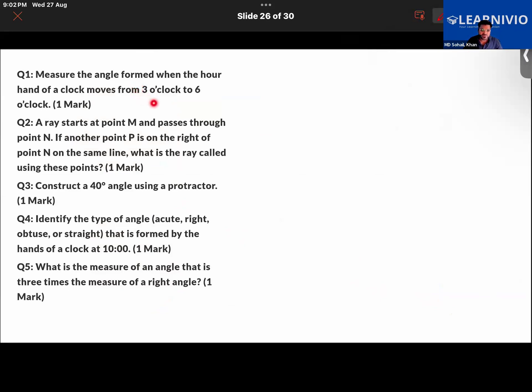Everyone will be putting their answers in the chat box. I don't know if you are able to put your messages there. Some say they can, but everyone cannot see; only the co-host and the host can see.